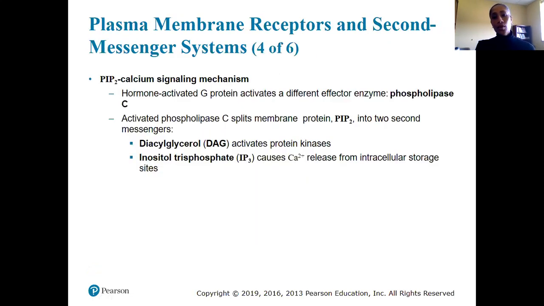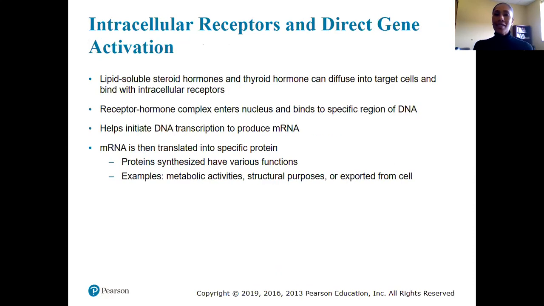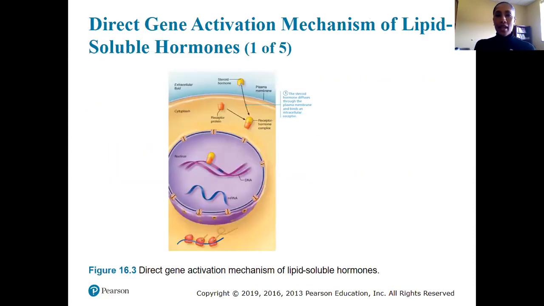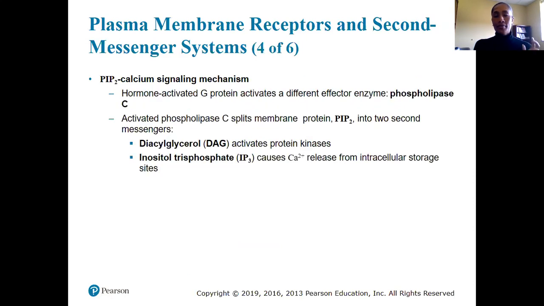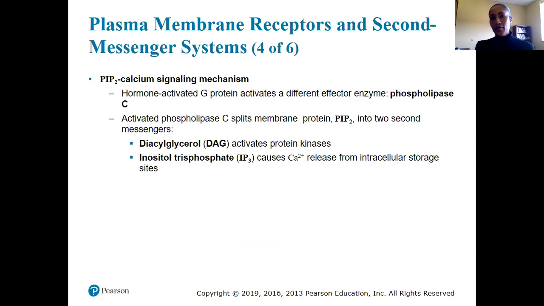With PIP2 calcium, this type of second messenger system is going to follow a similar pathway. I don't have a diagram for that, but it is a little different because the name is different. We have a hormone, our first messenger, bind to a receptor on the plasma membrane.